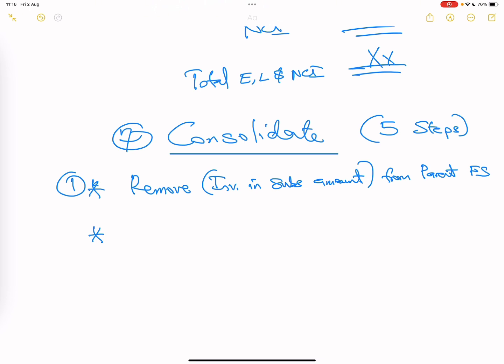So don't worry, just stay with me. Remember, removing subsidiary investment in the parent financial statement: in the parent financial statement, this will have been an investment, which means an asset. And an asset is usually a debit. So if you want to remove an asset, you'll be posting a credit. So removing means that you're going to be crediting investment in subsidiary.